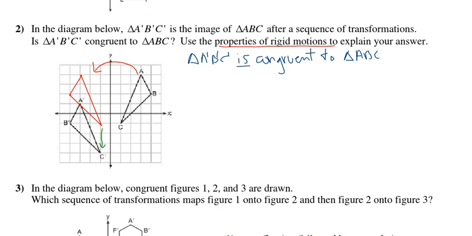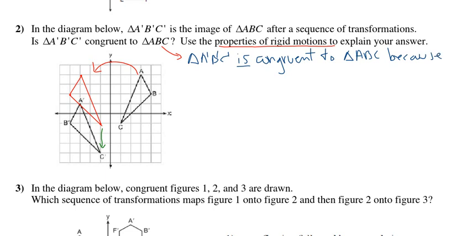So you need to answer the question that you were asked. And then we explain using the properties of rigid motions. So we start the explanation with because. So why do we say that triangle A prime, B prime, C prime is congruent to triangle ABC? We're going to explain here.